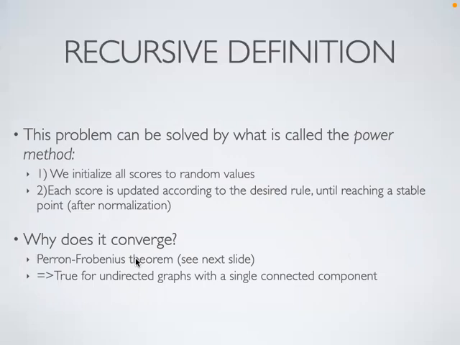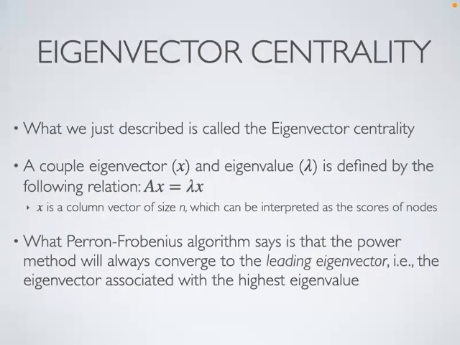Well, this is what is defined by the Perron-Frobenius theorem, which is true for undirected graphs with a single connected component. So what we just described is called the eigenvector centrality, because that's exactly what is defined by the definition of an eigenvector.